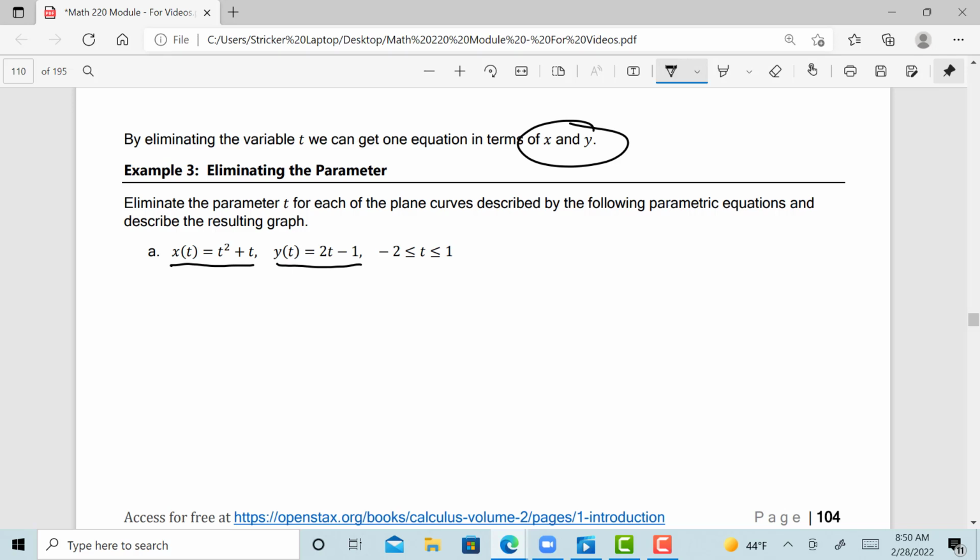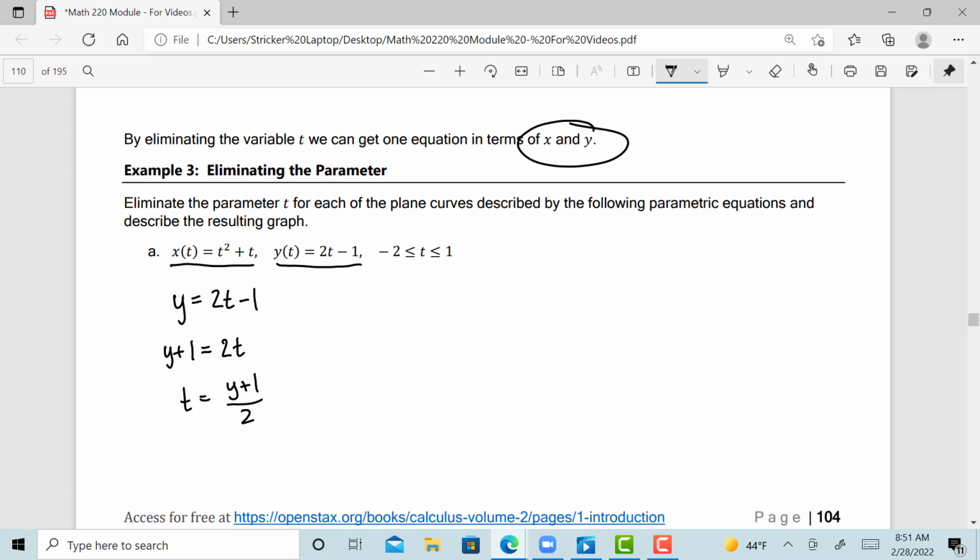However, the second one, y of t, so y equals 2t minus 1, I could add 1 to both sides. That gives you y plus 1 is equal to 2t. And then you could divide both sides by 2, so you get t equals y plus 1 over 2.